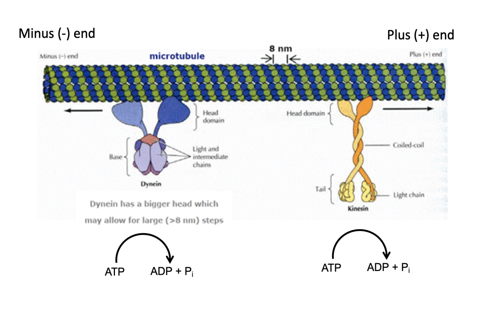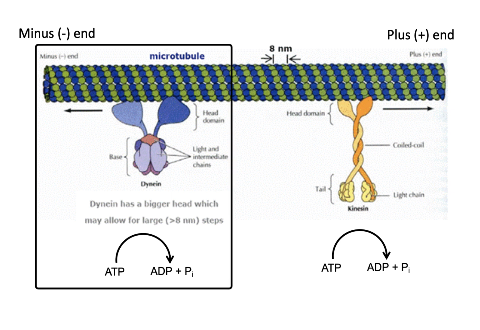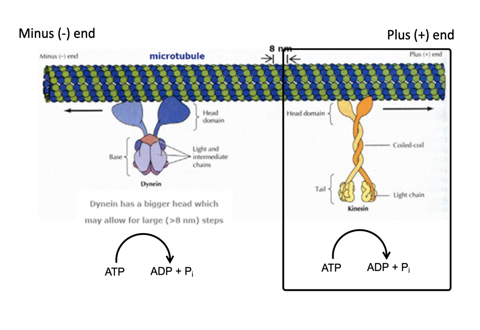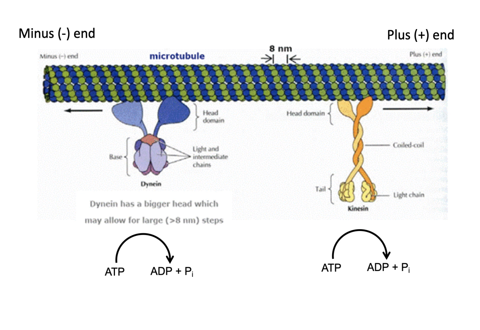So there are many kinds of motor proteins that move along microtubules called MAPs, microtubule associated proteins. One set are the dyneins and another set are the kinesins. And the dyneins move towards the minus end of the microtubule, and the kinesins walk towards or move towards the plus end of the microtubule.